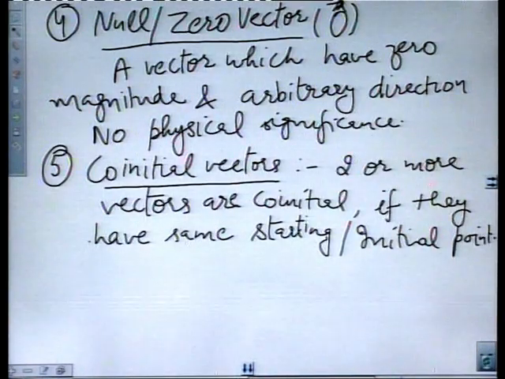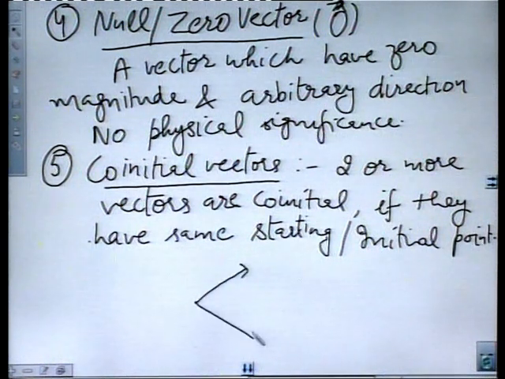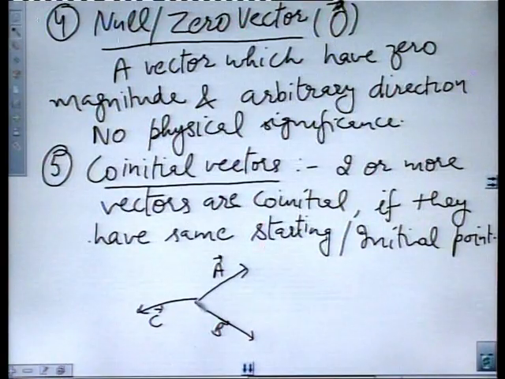Let us say we have three vectors A, B, C vector, and this is the common origin point of the three vectors, or initial point, O. So these are the co-initial vectors.